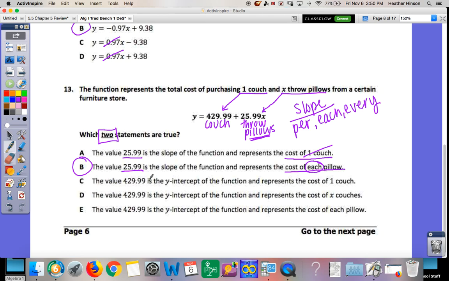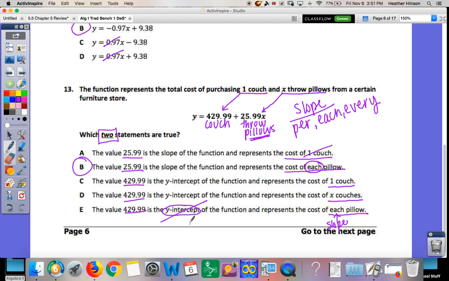The next choices deal with $429.99. They're all the y-intercept. That's true. That's your initial amount. But is it the cost of 1 couch, of X couches, or of each pillow? Well, we just said each pillow was our slope because each is a slope word. And this is the y-intercept. Slope and y-intercept don't go together.